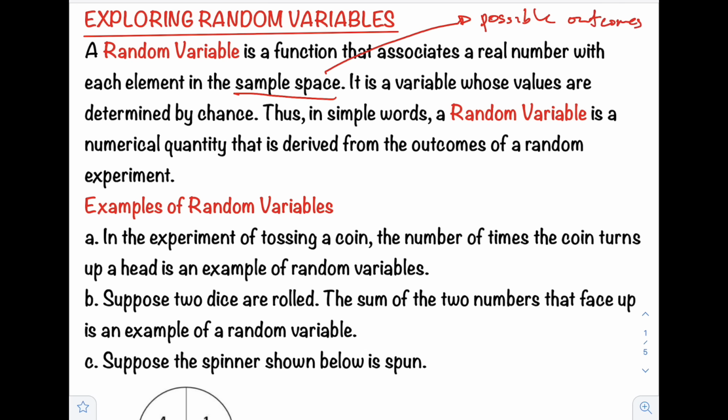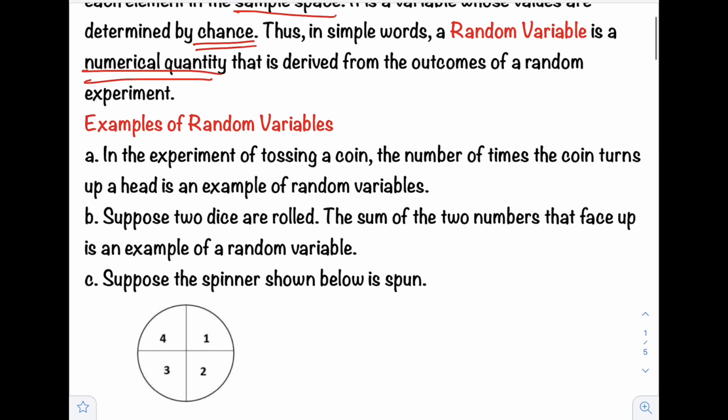It is a variable whose values are determined by chance. Thus, in simple words, a random variable is a numerical quantity that is derived from the outcomes of a random experiment. So let's have an example of a random variable.